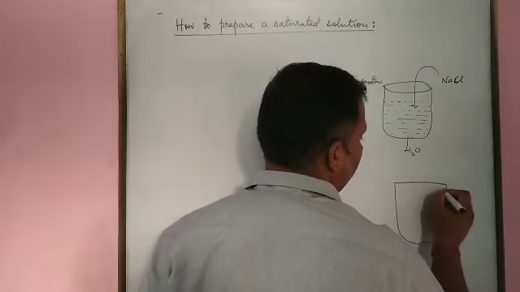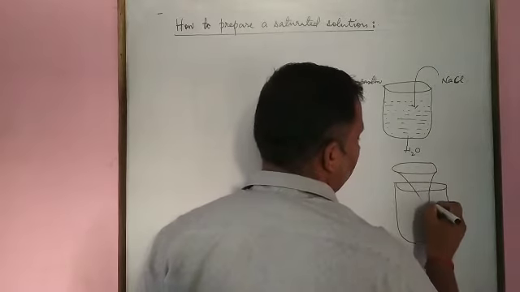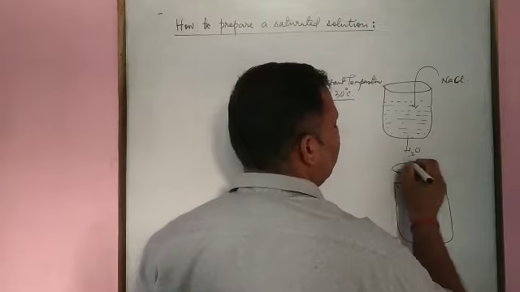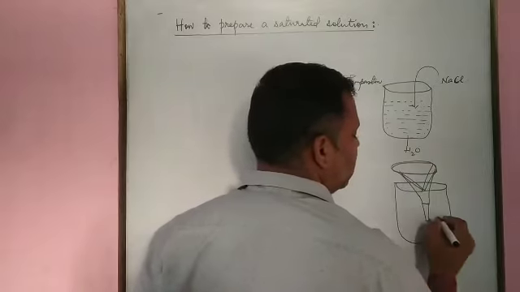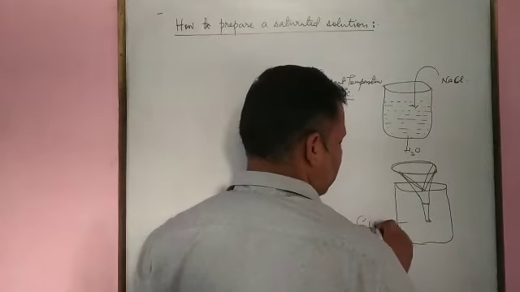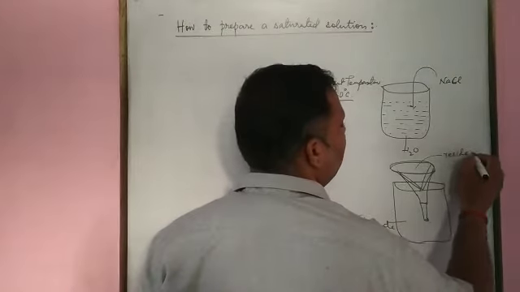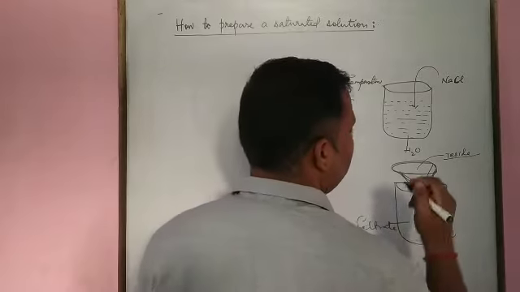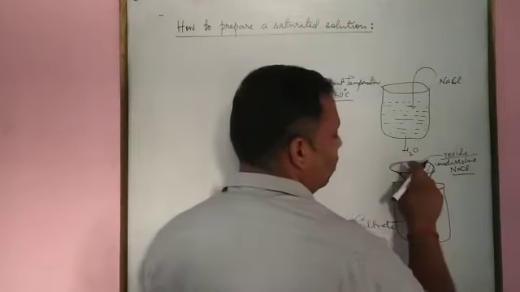When we filter it using a conical flask and filter paper here, this one is the filtrate and the residue is here, that is undissolved NaCl on the filter paper.